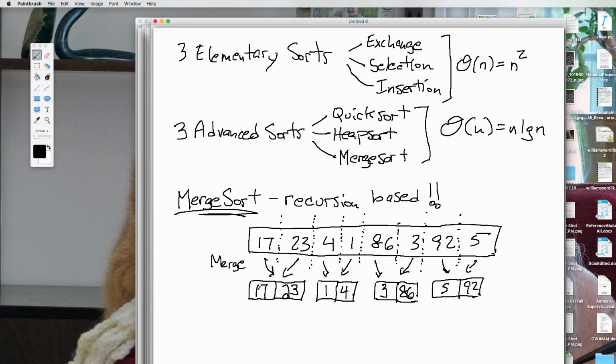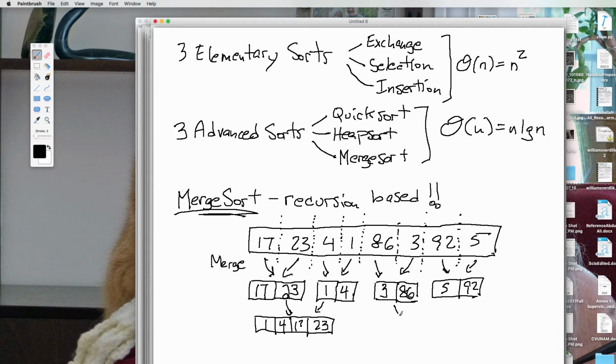Now notice this is a sorted array, this is a sorted array, this is a sorted array, and this is a sorted array. I'm going to merge these into a sorted array. So I'm going to put a 1 there, and then a 4 here, 17, 23.